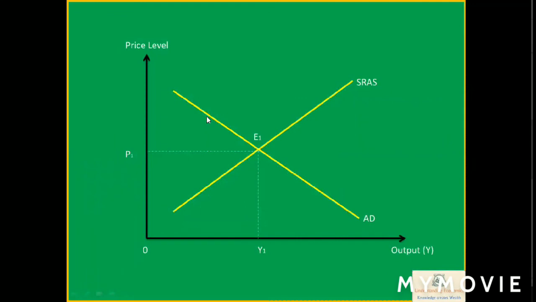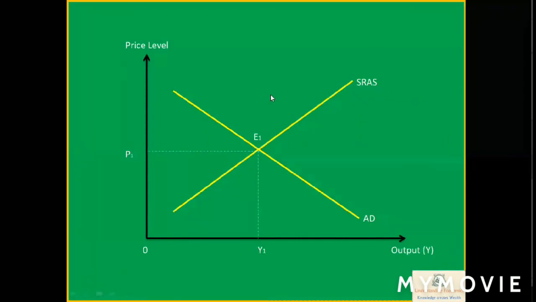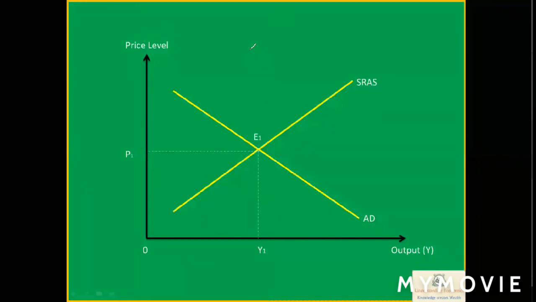We again have moved back to the initial equilibrium situation. What is said is that both the aggregate demand and aggregate supply have increased.